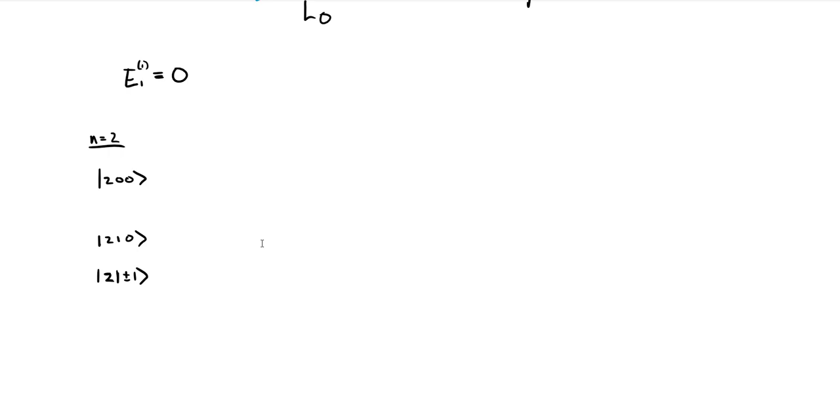Degenerate perturbation theory essentially says we know our degenerate subspace, the space spanned by all of these. We need to diagonalize the perturbation Hamiltonian for that subspace. So there are 4 states here, right? One, 2, and then these 2, 3, and 4. So this is going to be a 4 by 4 matrix that we have to diagonalize.